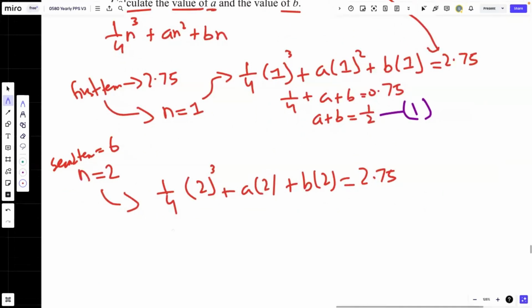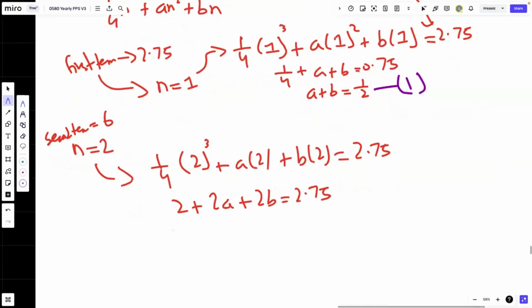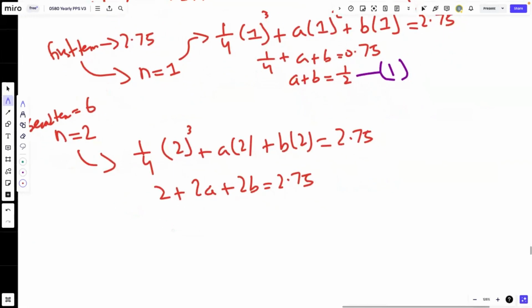And then we can use the calculator. So that's 8, and 8 on 4 would give us 2. 2 plus 2a plus 2b equals 2.75. And upon further simplification, this is going to be 2a plus 2b equals 0.75. That's the second equation we have gotten.